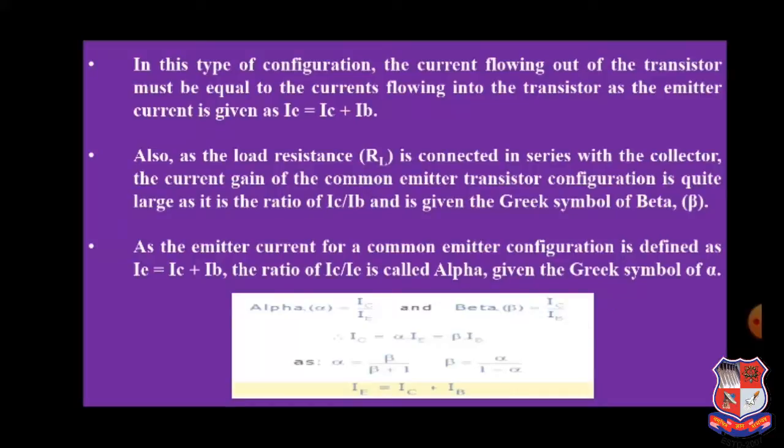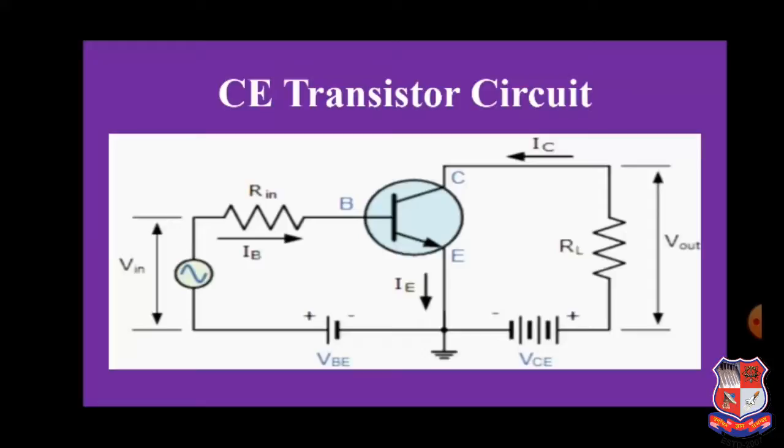So here the emitter current can be termed as collector current plus base current. That means the current entering the junction is equal to the current exiting from the junction.